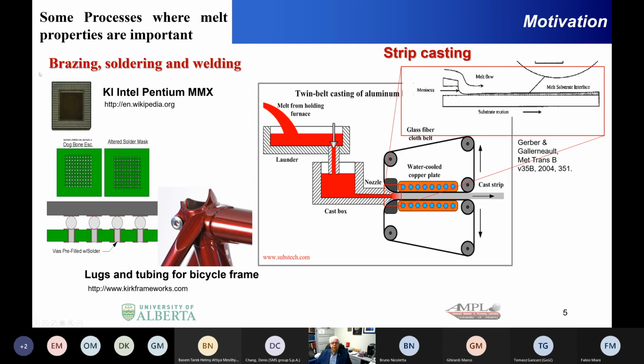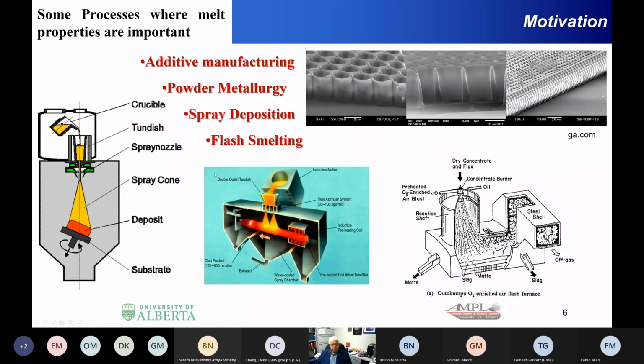So whenever you're doing brazing, soldering, or welding, of course, this is a key point when you're trying to put, for example, solder balls onto a chip. Or when you're trying to do strip casting, particularly that meniscus formation is an absolutely critical part of the whole strip casting process. And being able to predict it and control it requires knowledge of viscosity, density, and surface tension.